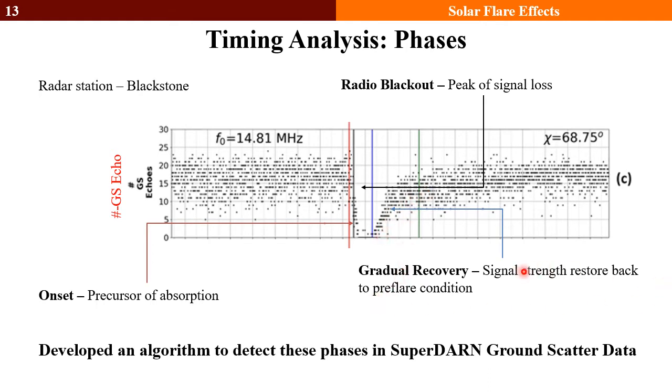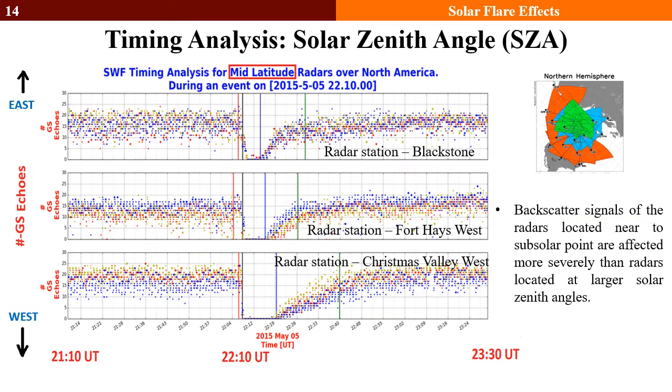We developed an algorithm that detects these phases in the SuperDARN ground scatter data, and we used it for multiple radars at different latitudes. We find that the backscatter signal of radars located near the subsolar point is affected more severely than that of radars located at a larger solar zenith angle.